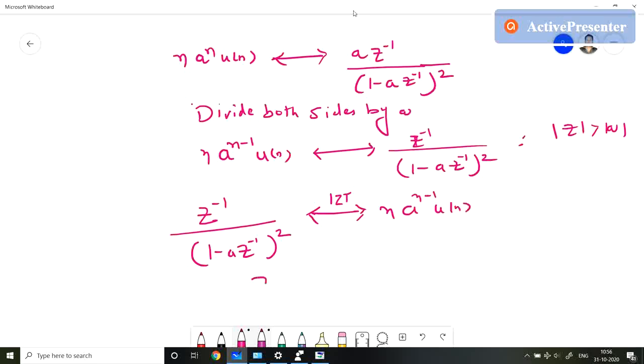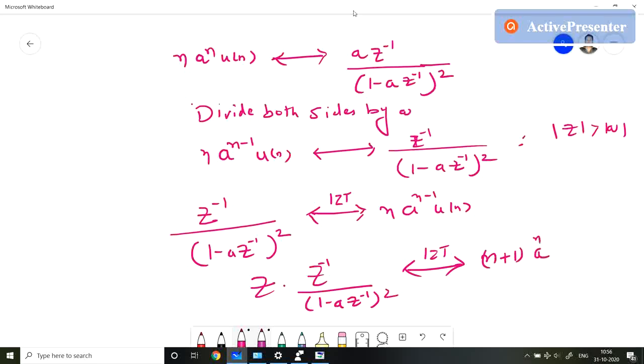Now if we multiply this whole term with z, then we will get the inverse Z transform as (n plus 1) a raised to the power n u[n plus 1]. So finally this is what we need.